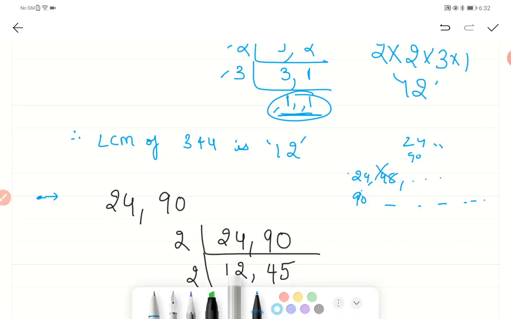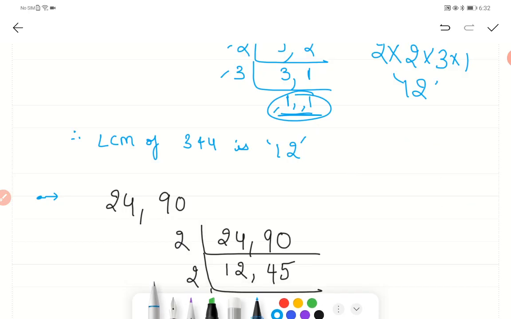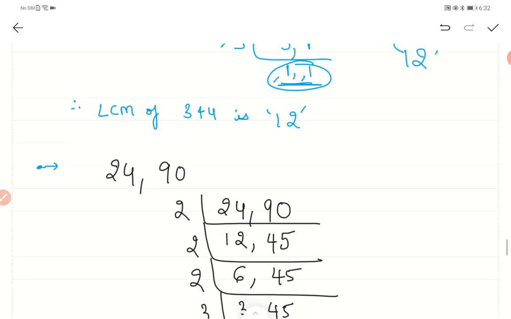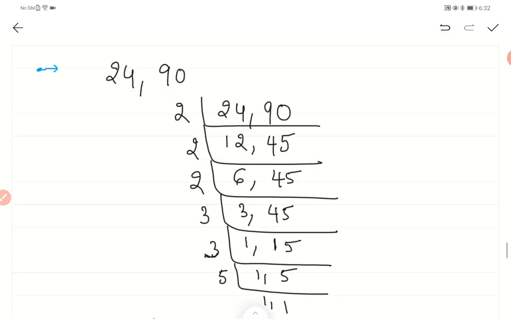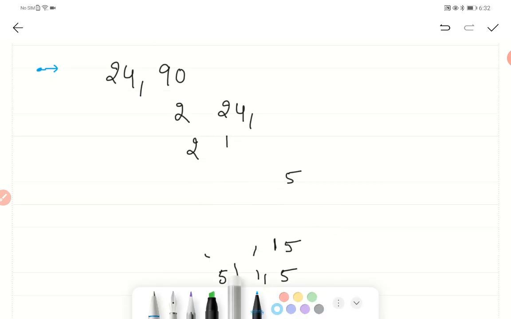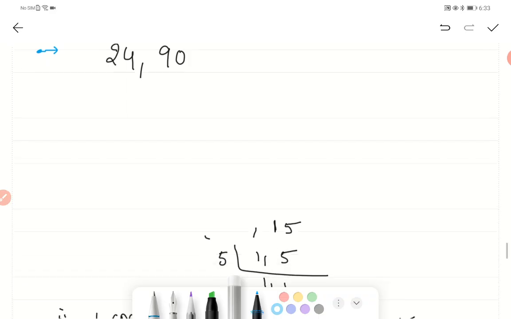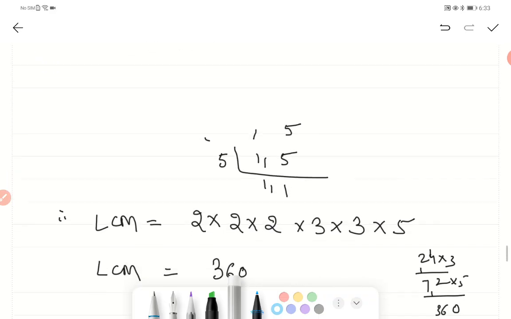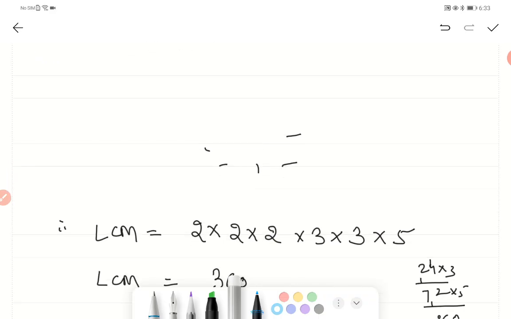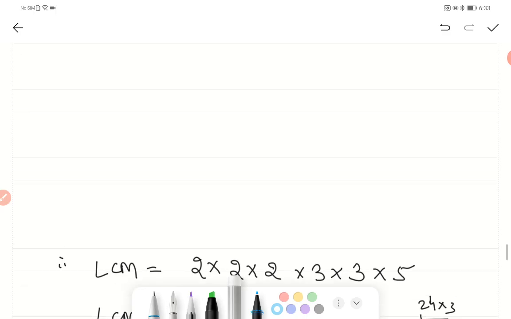So always try to follow your prime factorization method, the division method. Okay, so it will be easy. So now I need to find the LCM of 24 and 90. Let me do this and show you how you'll do it.